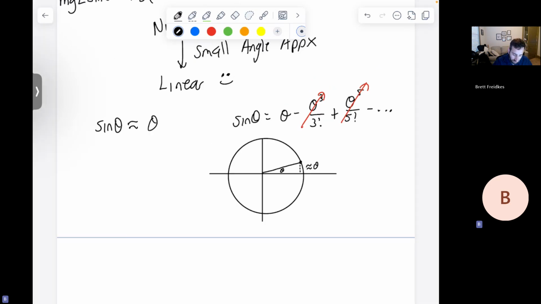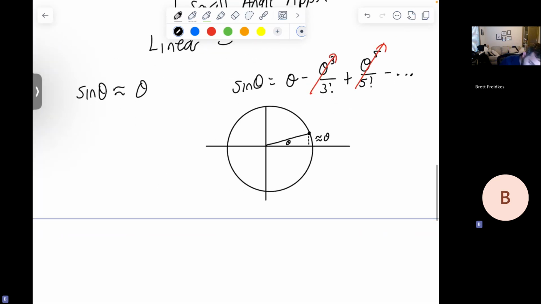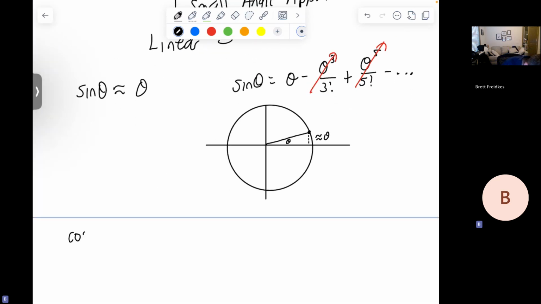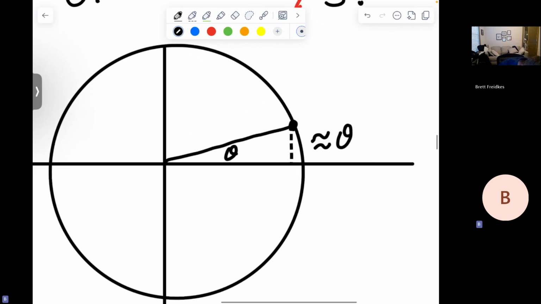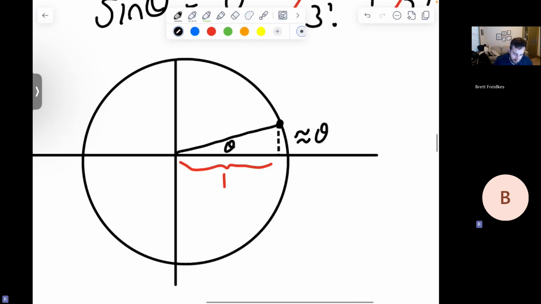This picture will become important in a second when we look at cosine. Cosine of theta is approximately equal to, well, let's come over to this picture. Cosine is the horizontal component, which if theta is very small, will be approximately equal to 1, because cosine of 0 is 1. So if theta is small, our cosine of that small angle is approximately 1.